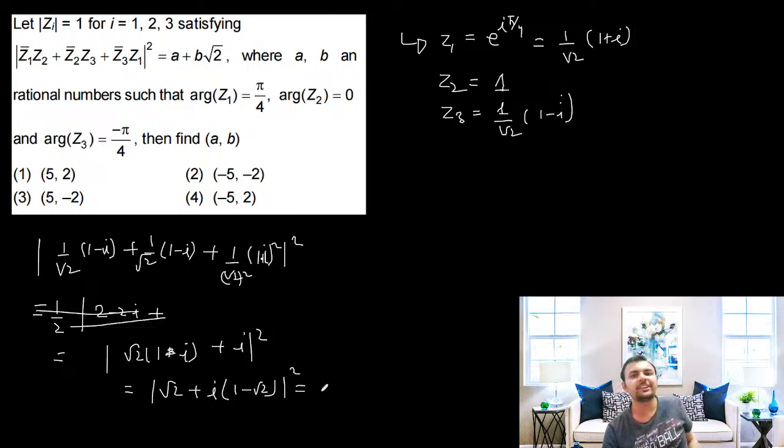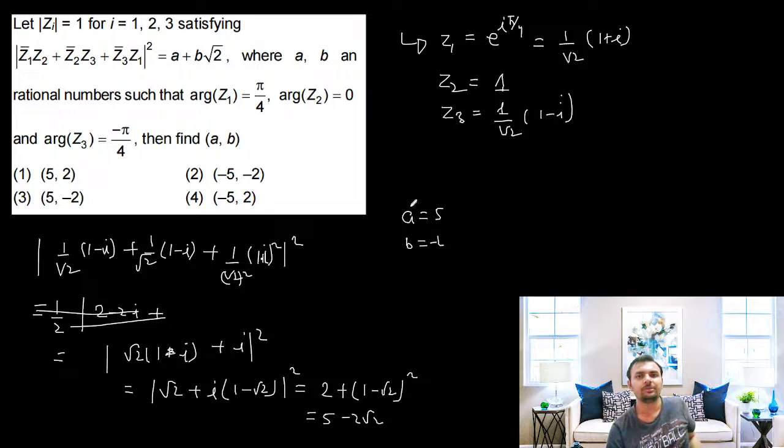So mod is what? 2 plus (1 minus root 2) whole square. It is what? 2 plus 1, 3, 3 plus 2, 5, minus 2 root 2. So A is 5, B is minus 2. So we got the answer, isn't it?